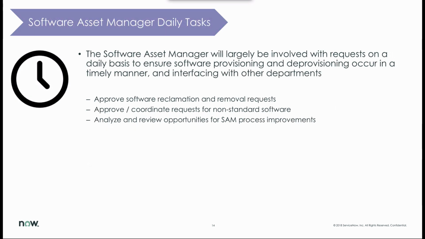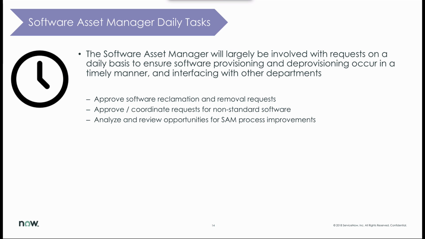The software asset management manager role is obviously more strategic than the software asset management admin role. So the SAM manager is going to be more focused on the smooth operation of the software asset management process within the organization, and doing the types of things that you expect most managers to be doing, approving requests.